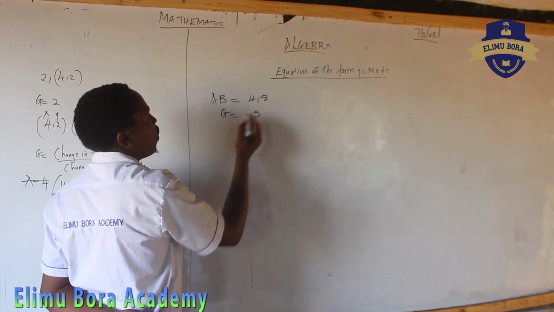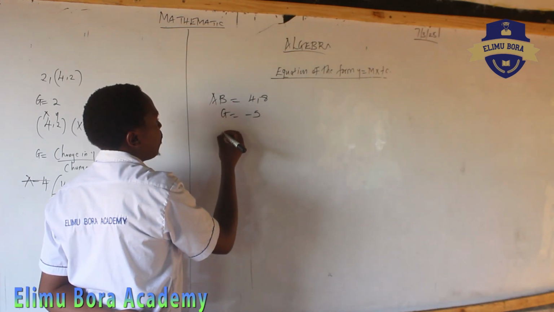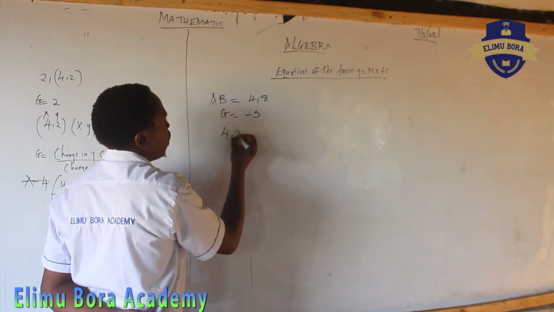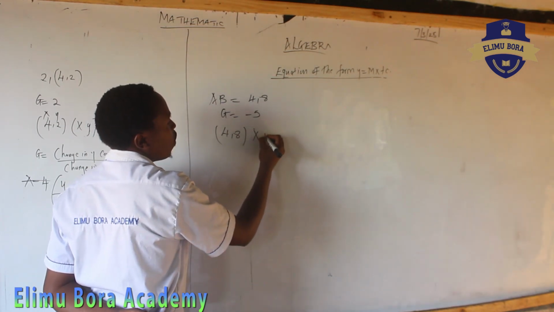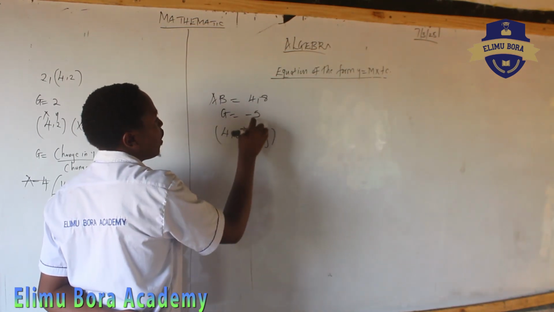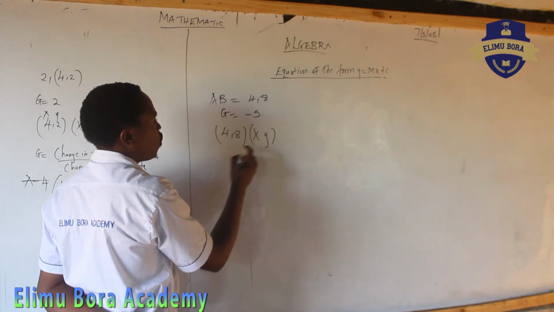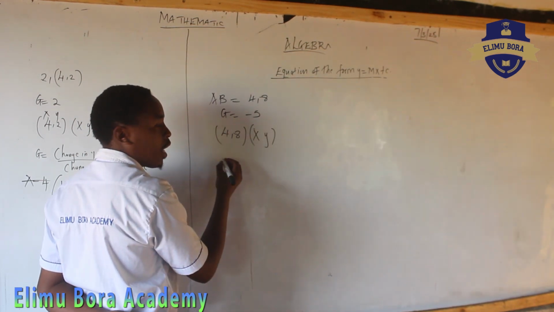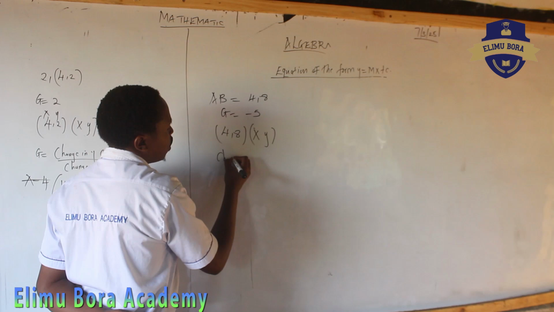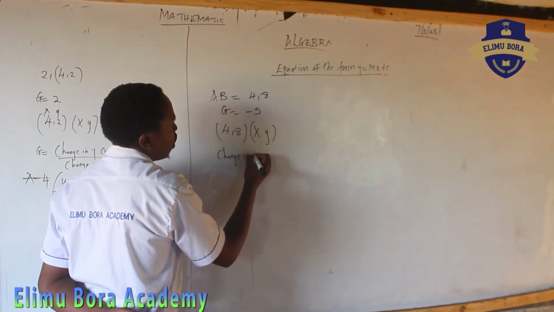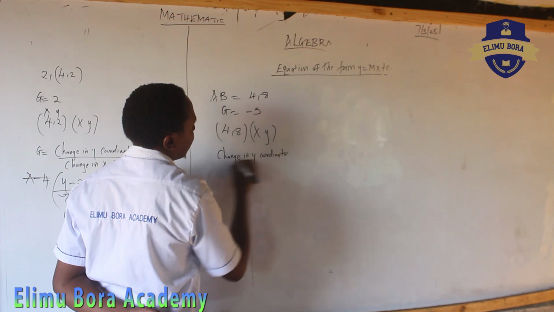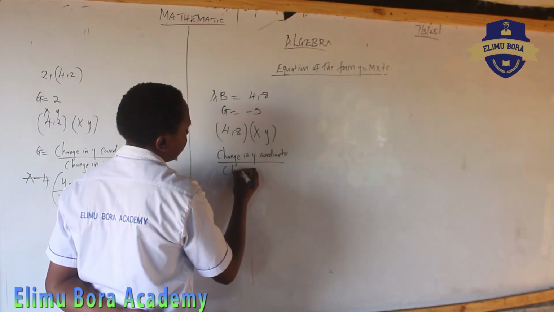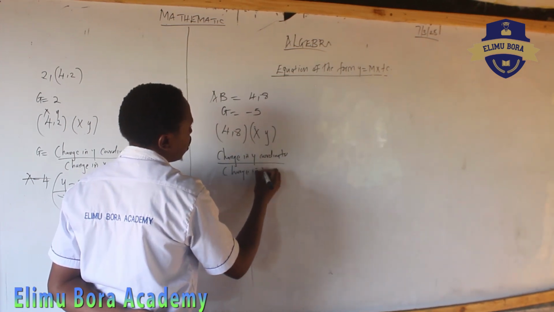Let's create the equation. Here we're going to have x and y. Already you have the gradient, which is 5. So let's come back to our formula: change in y coordinates over change in x coordinate.